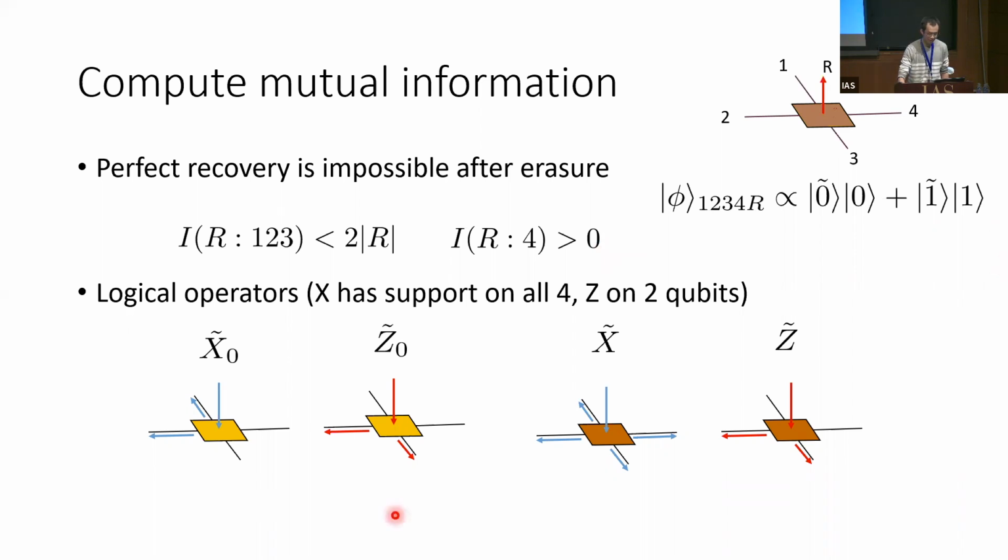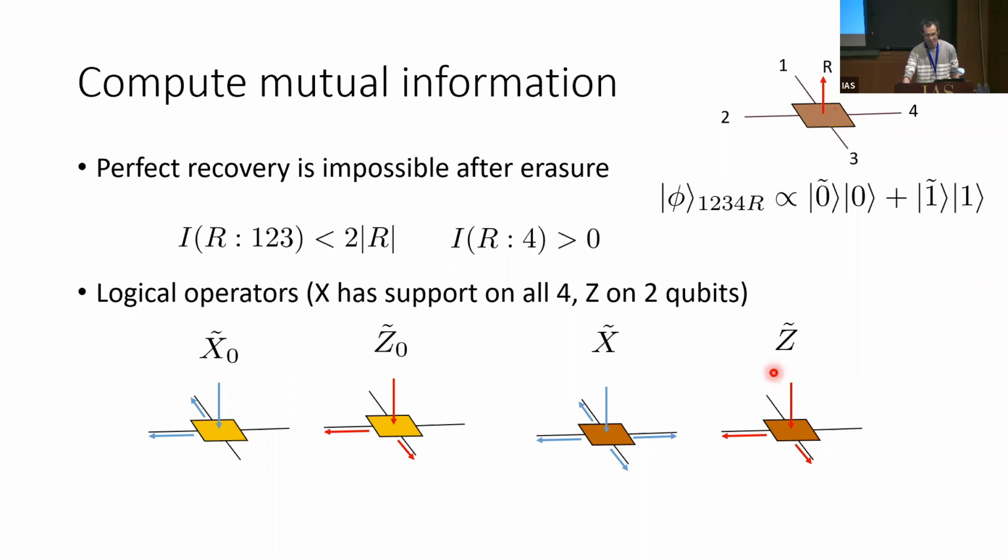There's an equivalent way to see this kind of approximate erasure correction from the operator reconstruction point of view. When you had perfect erasure correction, your logical operators, like logical X and logical Z, could always be reconstructed on a subregion, on the boundary, quote unquote.